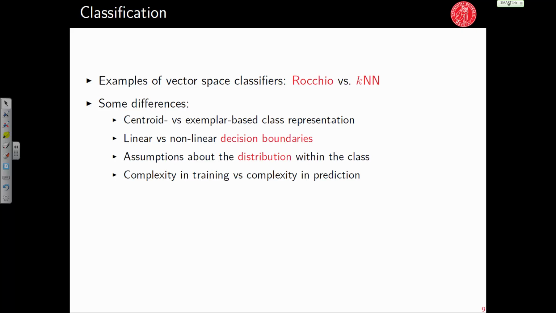Whereas in KNN, since there is no learning happening, when we are given a new instance to classify, we had to compare with all the different instances in our training data set, so the prediction complexity is much higher. It's linear in the number of instances in our training data. So it's not higher in order. Both are linear, but one is linear in terms of the number of classes, the other is linear in terms of the number of training instances.